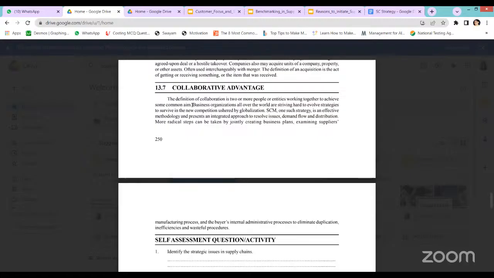Collaboration is a kind of cooperative relationship. They don't merge; they stay individual entities, but they collaborate, meaning they cooperate with each other for a common benefit with a common objective. This is in order to improve the supply chain.